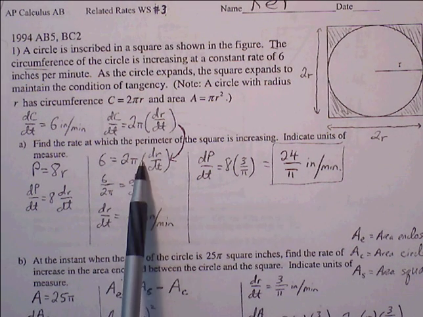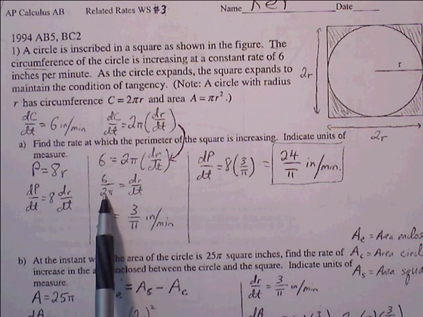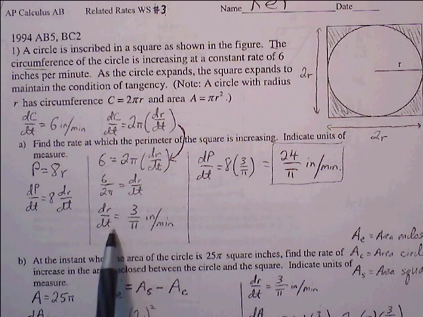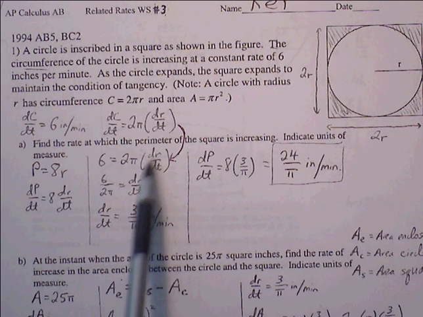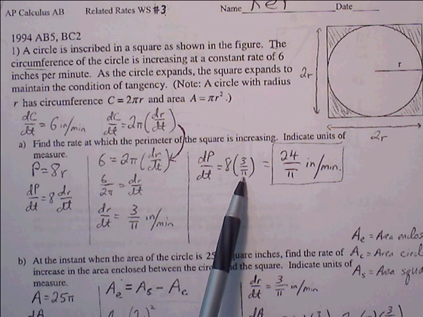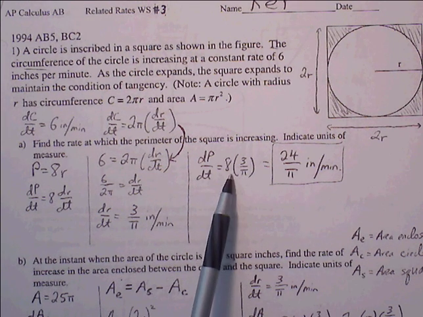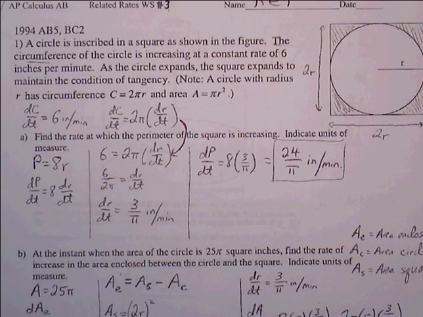So to find dr/dt, we're going to divide by 2 pi. 6 over 2 pi is the same thing as 3 over pi. So that's dr/dt, positive 3 over pi inches per minute. Now we can take the final step of replacing dr/dt with 3 over pi, and then we solve for dP/dt, which is 24 over pi inches per minute.